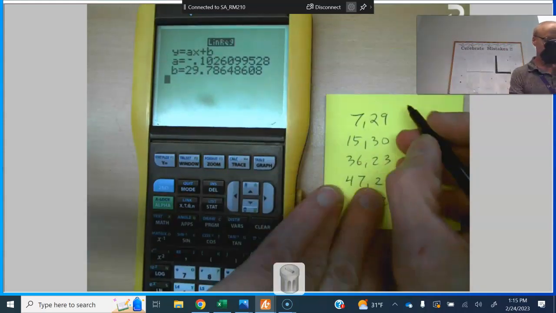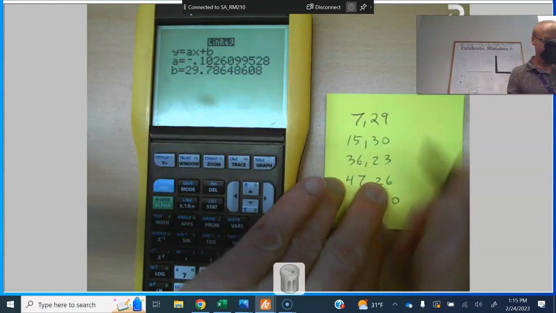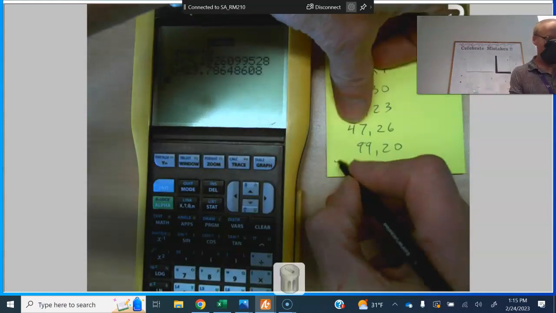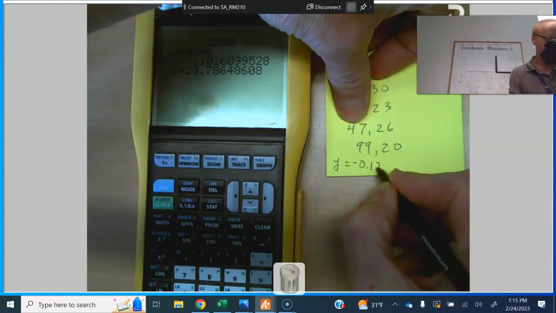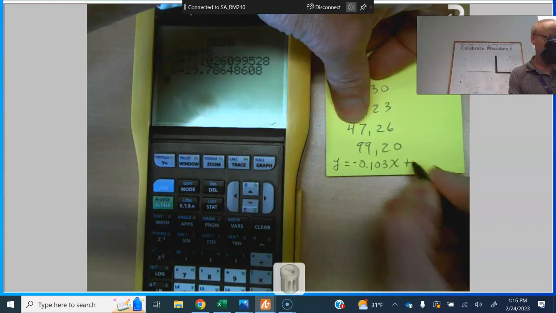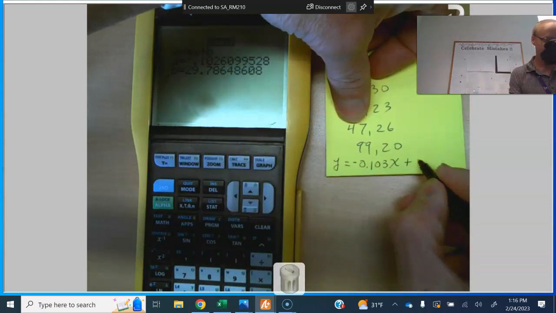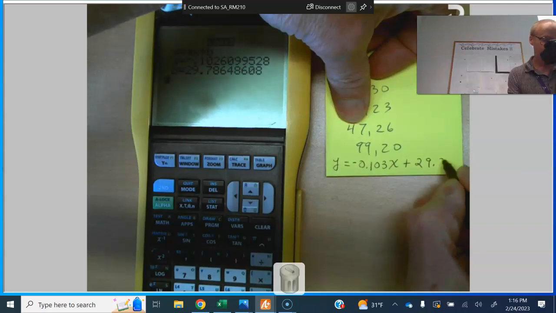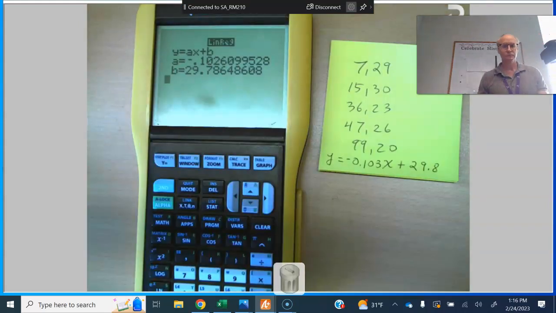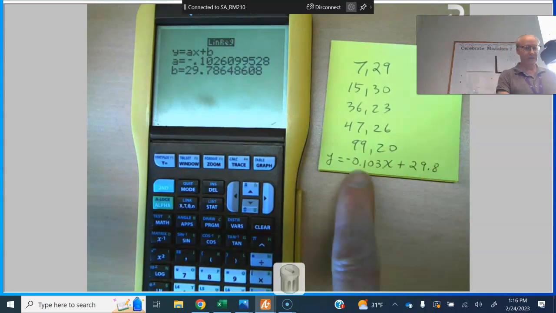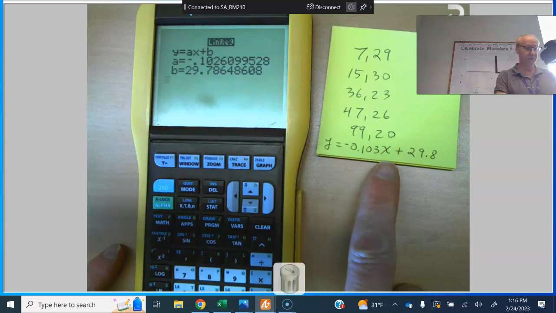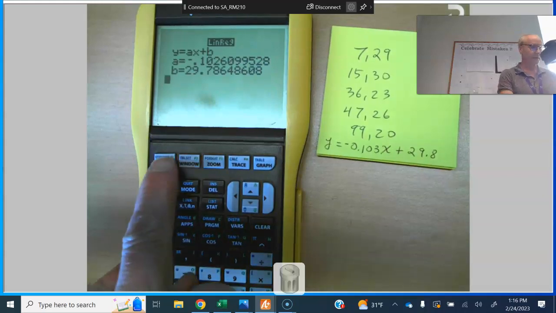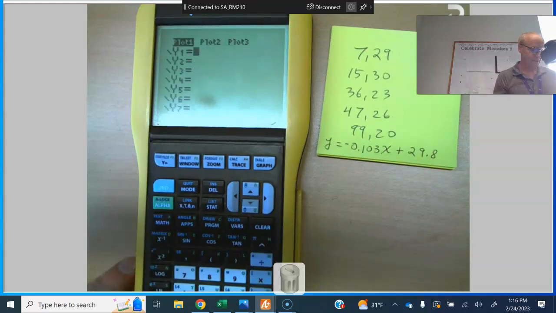It is Y equals negative 0.103x plus 29.8. This is my equation.